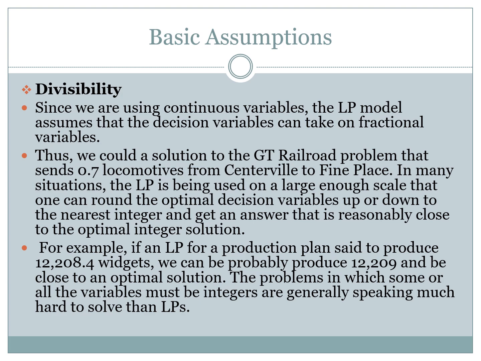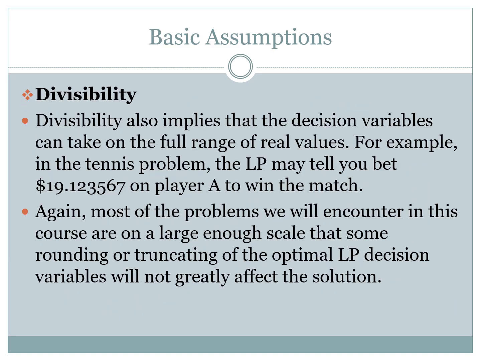The problems in which some or all of the variables must be integers are generally much harder to solve than linear programming solutions. The divisibility also implies that the decision variables can take on the full range of real values.